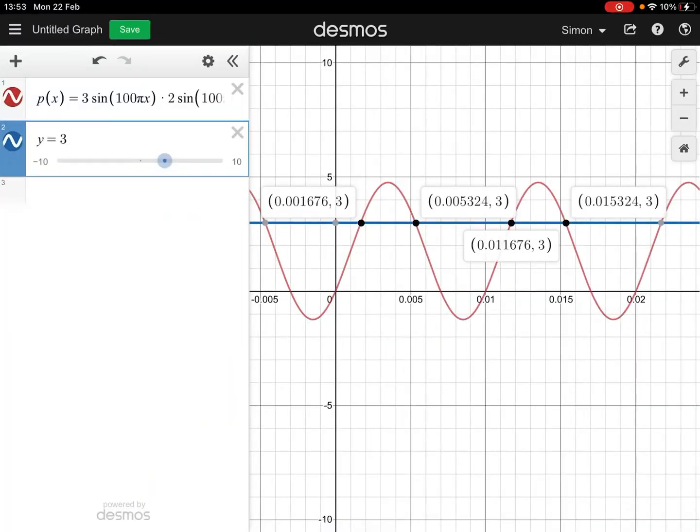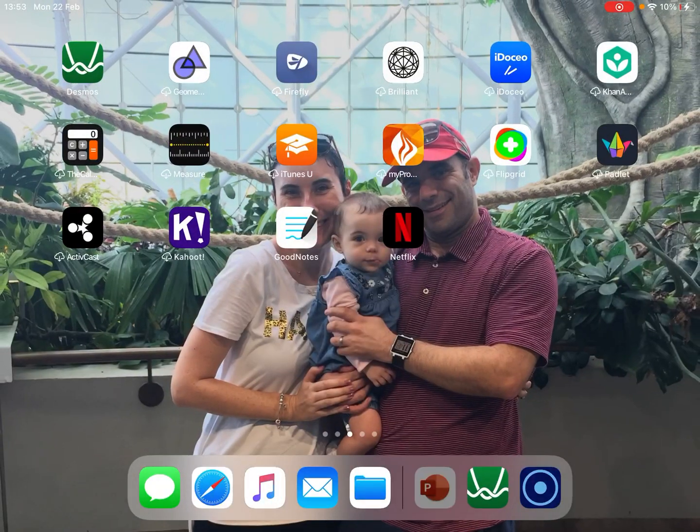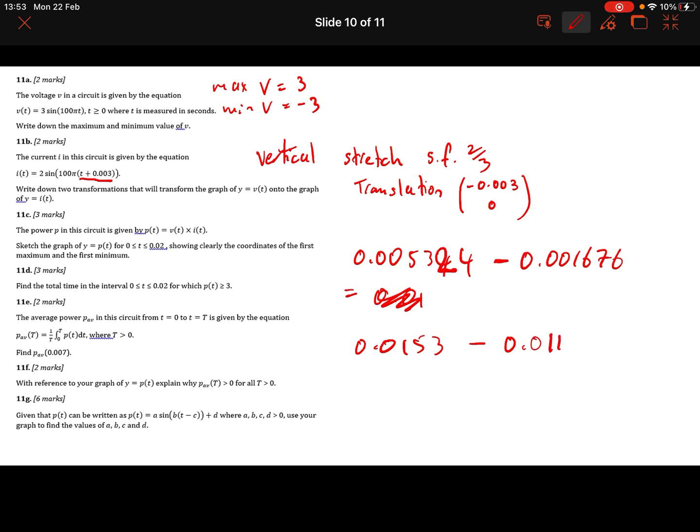So I'm just going to use my calculator. So 0.005324 minus 0.001676 equals 0.003648, and then 0.0153 minus 0.0117 equals 0.0036.